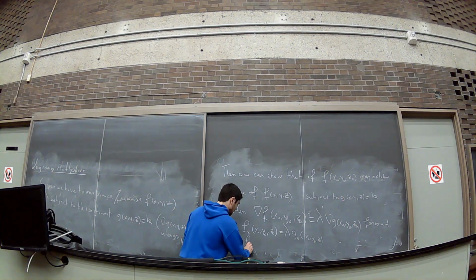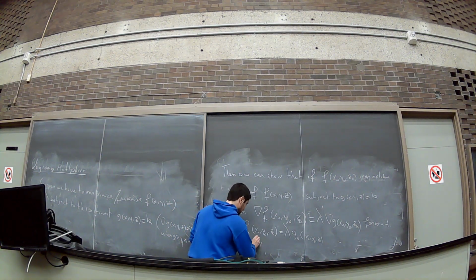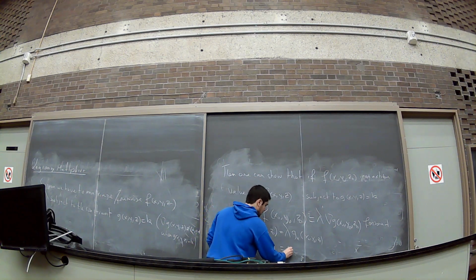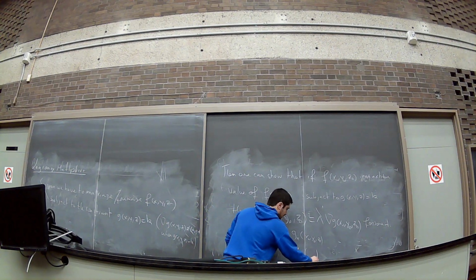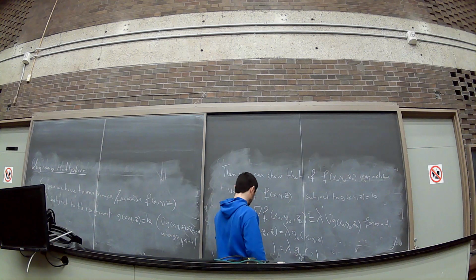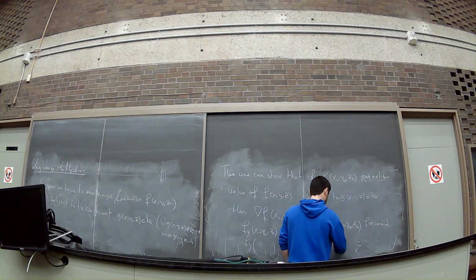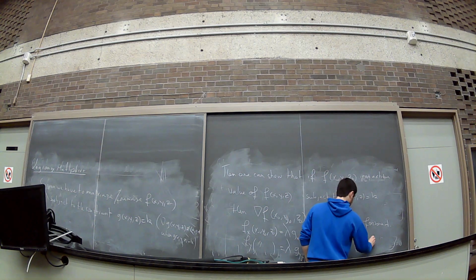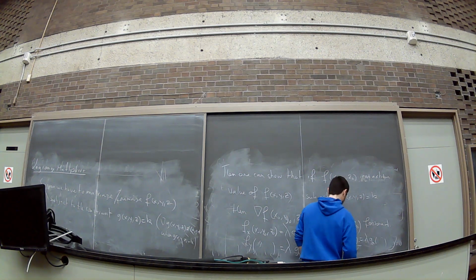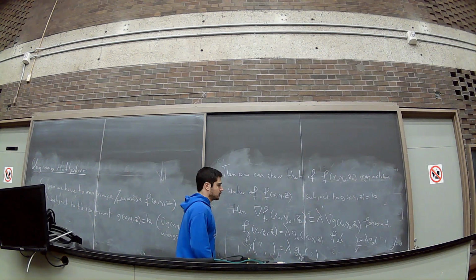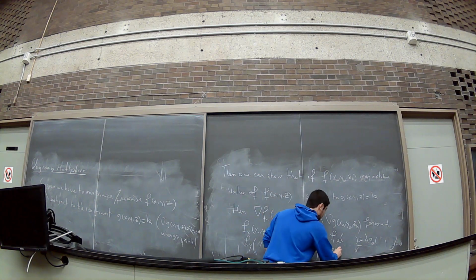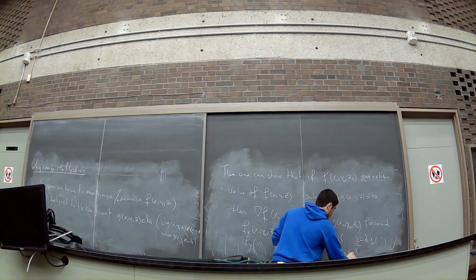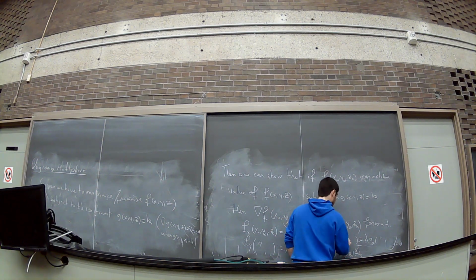Fx equals lambda gx, Fy equals lambda gy, and Fz equals lambda gz, and then I have one equation, g(x, y, z) equals 0.